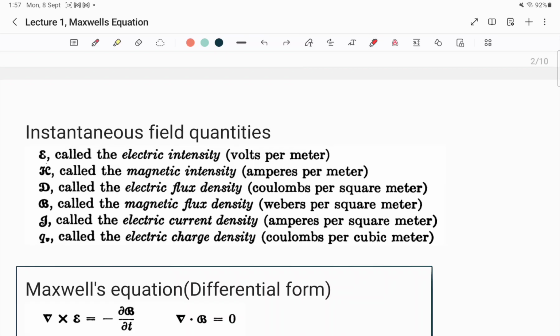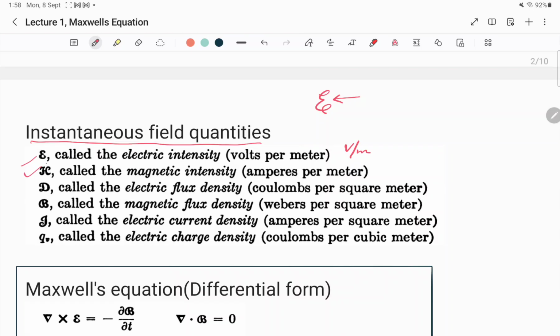Here we are going to use scripted letters to represent instantaneous field quantities such as electric field, magnetic field, etc. So electric field E in a scripted letter will represent an instantaneous field quantity. E is electric field intensity, its unit is volts per meter.